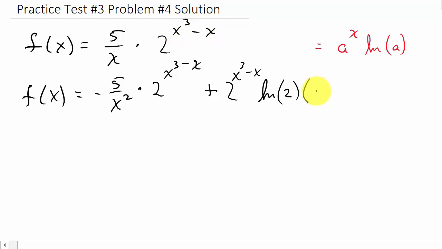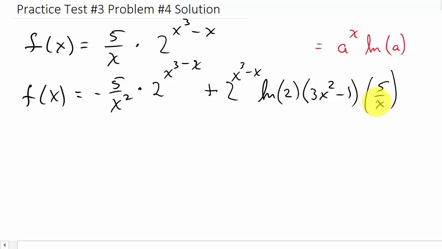So the derivative of x cubed is 3x squared minus the derivative of x, which is 1. So this is the derivative of the second function, and then that would be times the first function. Okay, so this is the derivative of the first times the second plus, and then this is the derivative of the second times the first.